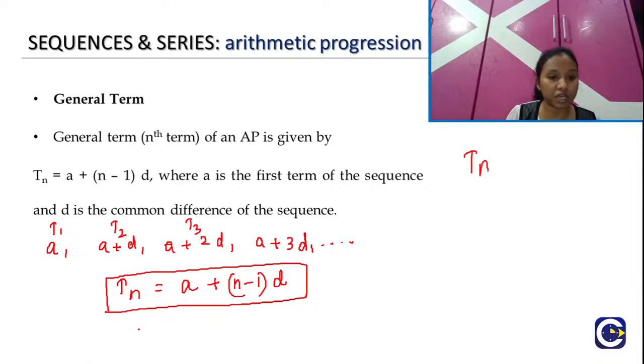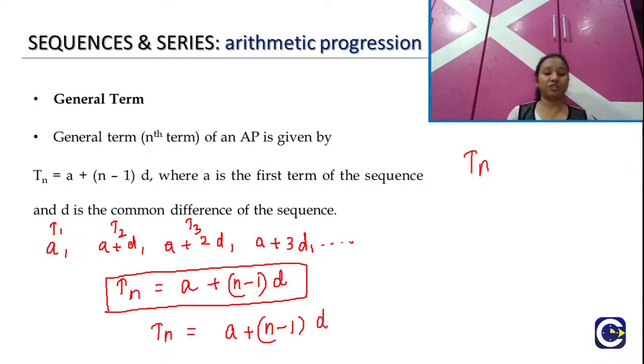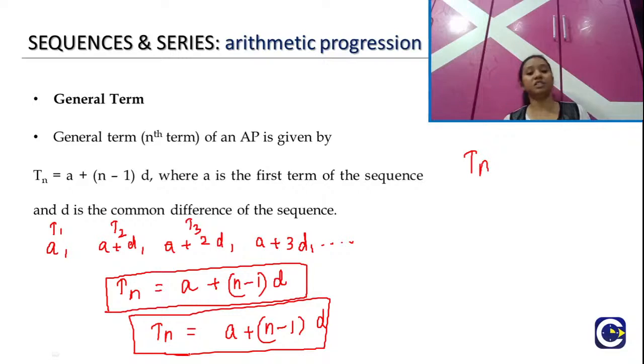So the formula which we have predicted for this arithmetic progression is Tn equal to A plus n minus 1 into D, which is the general term. Right. So once we have the first term, general term and the common difference, it will be easy to write the sequence.